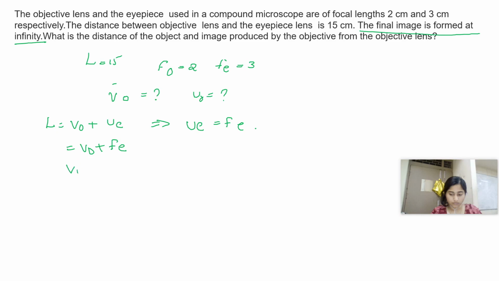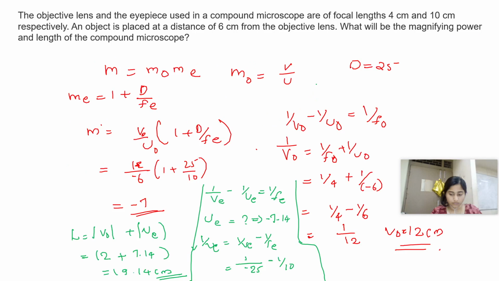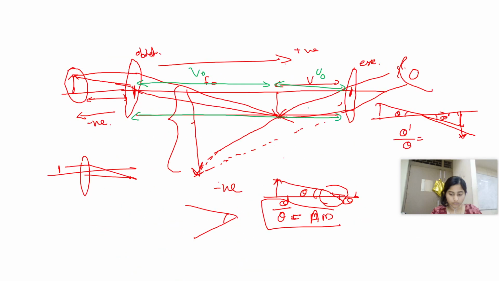Can I repeat it once again? Yes, like the earlier problem, I told you the eye is least strained when the final image is formed at infinity.